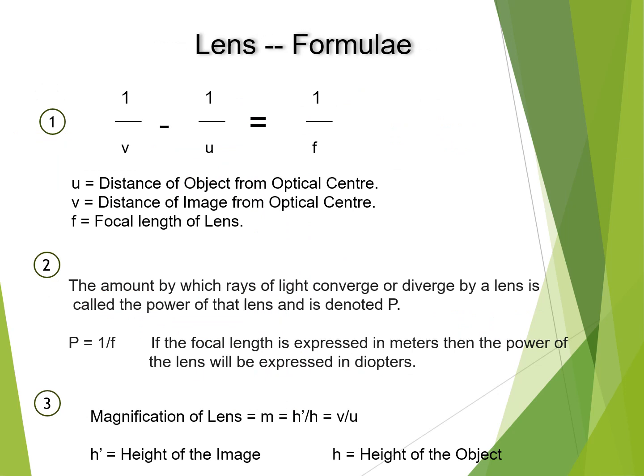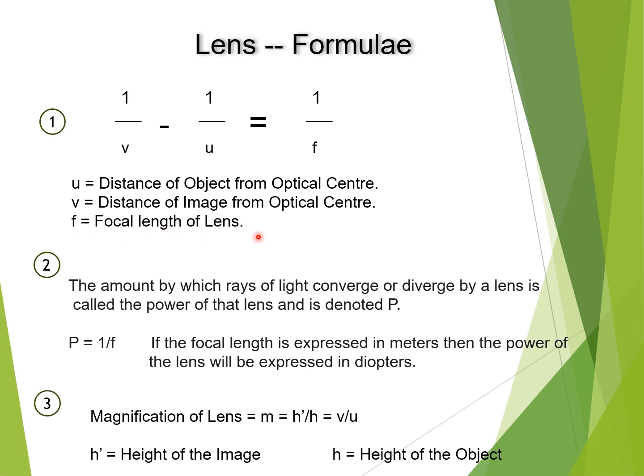Let us have some formula for lens. One formula is 1/v minus 1/u is equal to 1/f, where u is the distance of object from optical center, v is distance of image from optical center, and f is focal length of the lens.